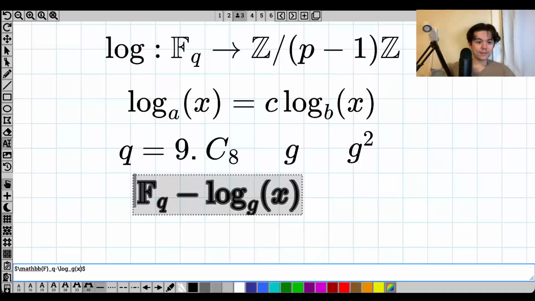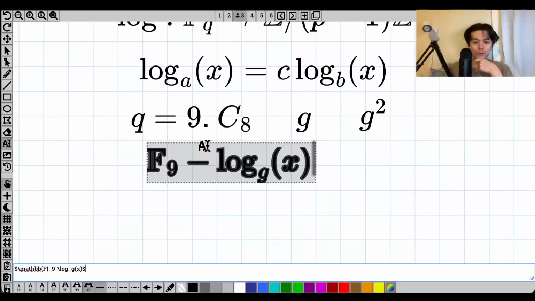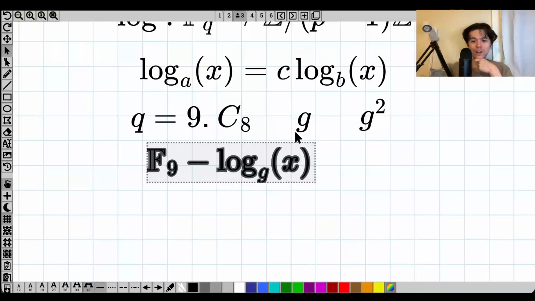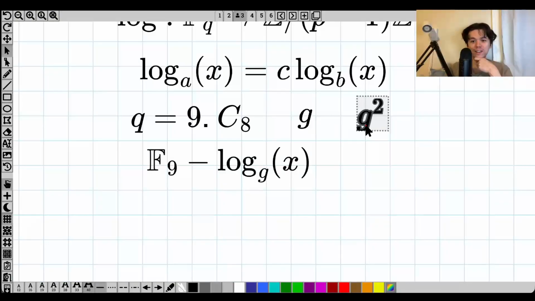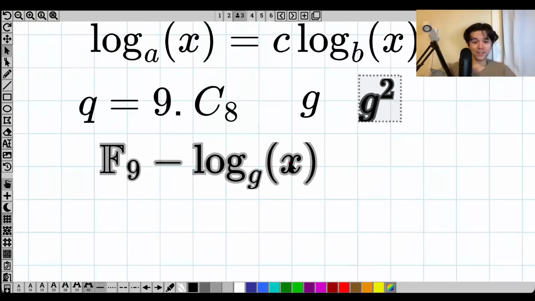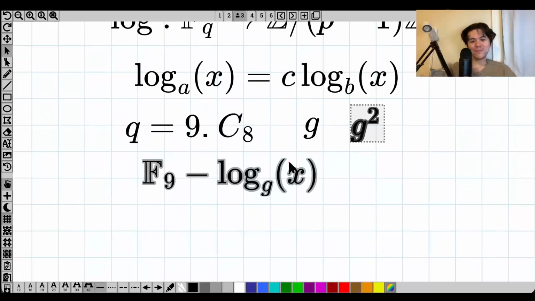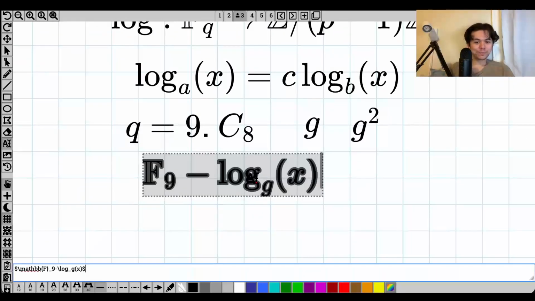In this case, let's call it the F_9 logarithm, if g is a primitive root, which I haven't computed, so maybe you should deride me in the comments. Either find one and then bully me and say you should have come prepared with an example. If I take log_g of x for any element of F_q star, there's always an answer.